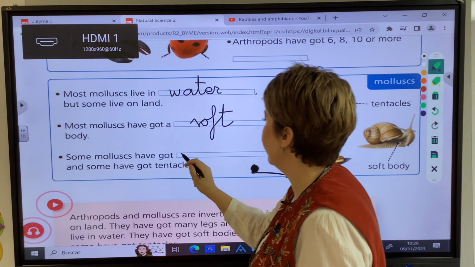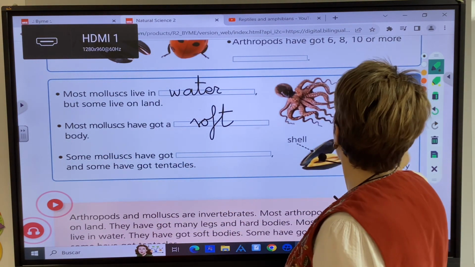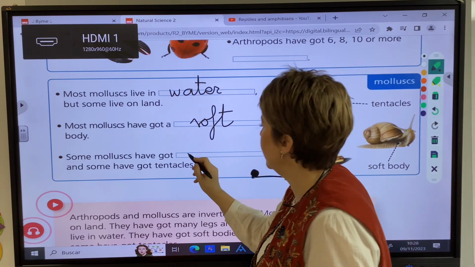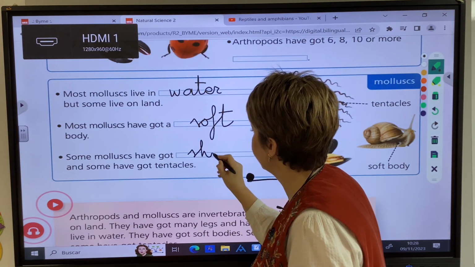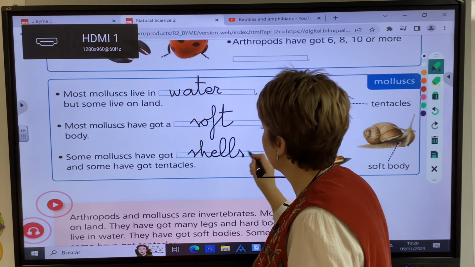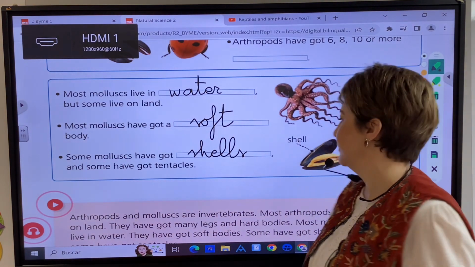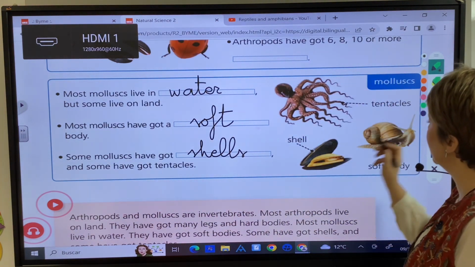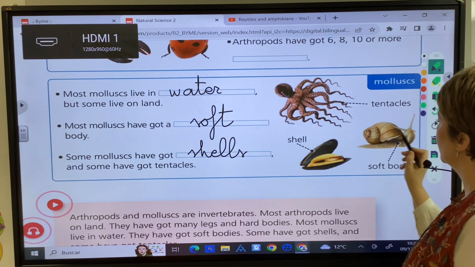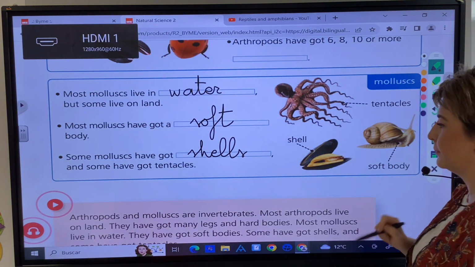Some mollusks have got what? Shells, and some have got tentacles. Okay, so this is a shell, and these are tentacles, and this is another shell.